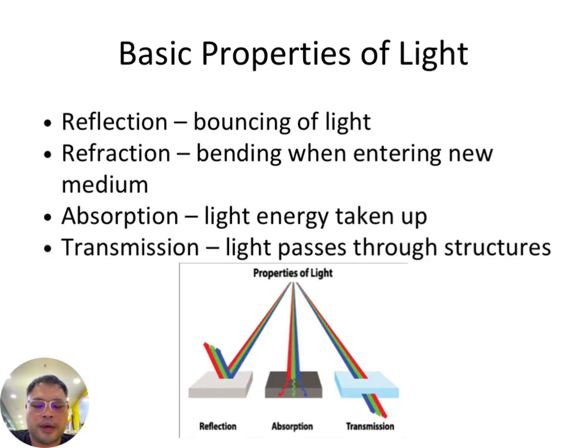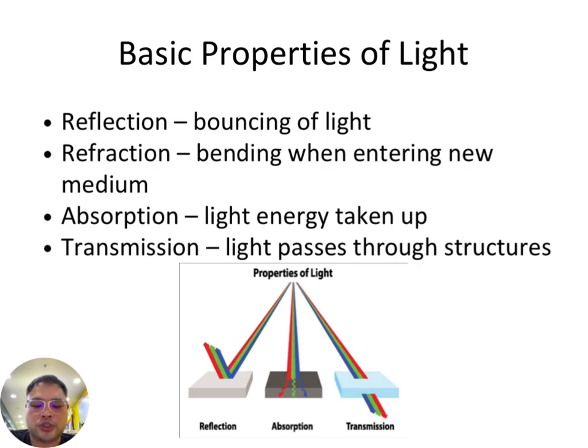Before we talk about the eye itself, let's quickly go over the basic behavior of light. These are four main ones. First is reflection, when light bounces off a surface like a mirror. Then refraction, when light bends as it passes from one medium to another, like from air into the cornea.